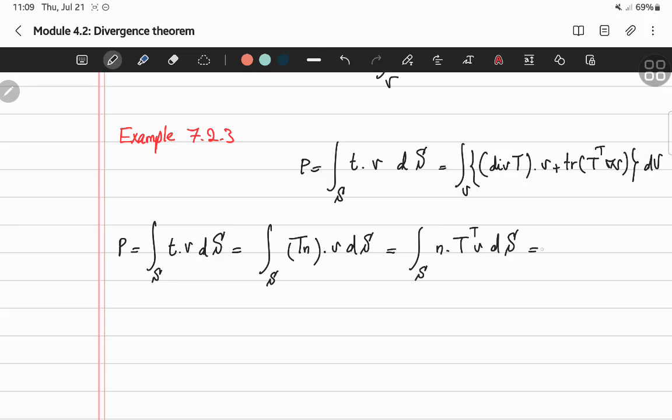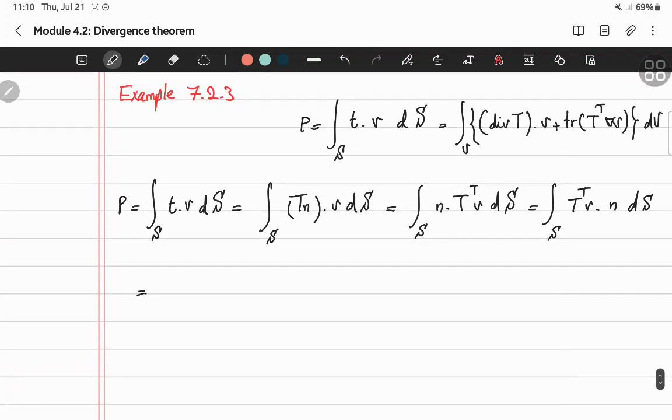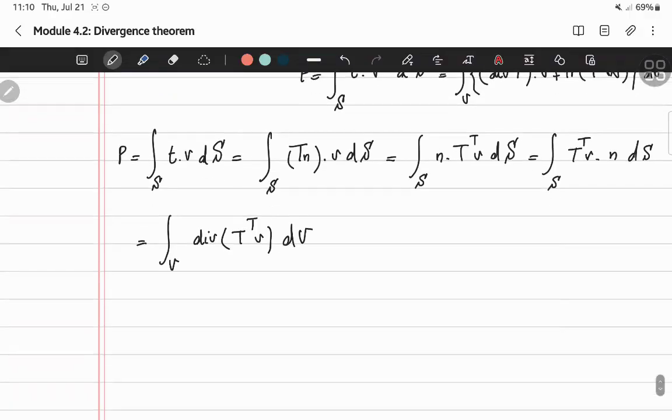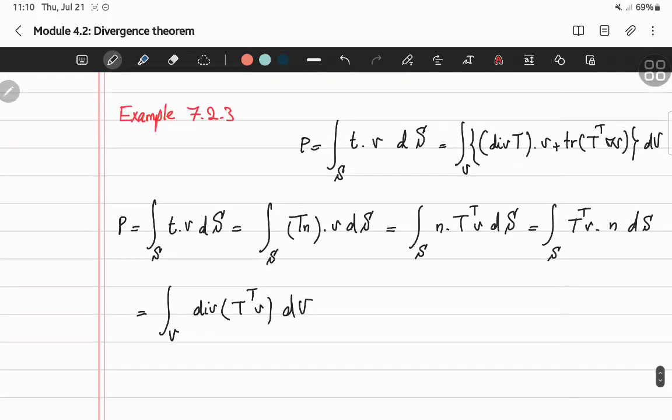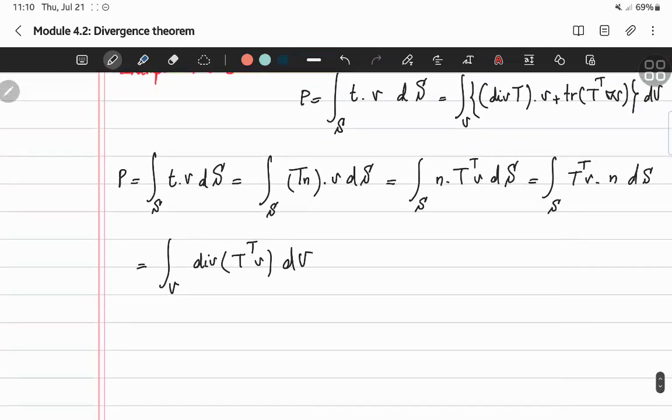So since this is dot, I can also write this as t transpose v dot n. This is ds and this is s. So I have t transpose v dot n. So I can use the divergence theorem and write this as the integral of the divergence of t transpose v over dv. So if I find the divergence of t transpose v, I will be able to write this equation here.